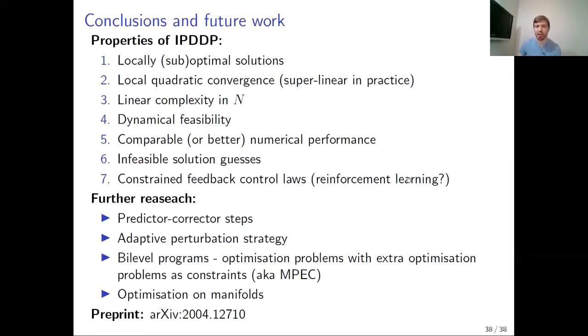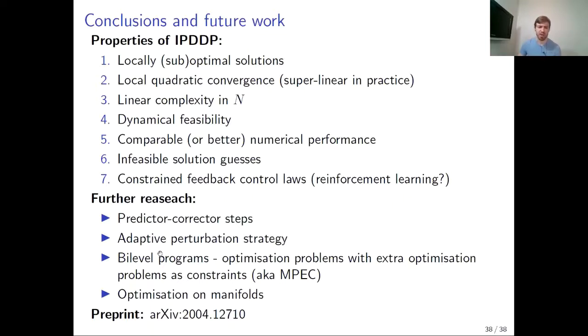Yeah, this can be related to reinforcement learning, where people are looking at constrained feedback control laws from data. As further research, we suggest trying predictor corrector steps in order to improve the quality of the Newton updates. We consider an adaptive perturbation strategy as a possible way to improve the practical numerical performance.